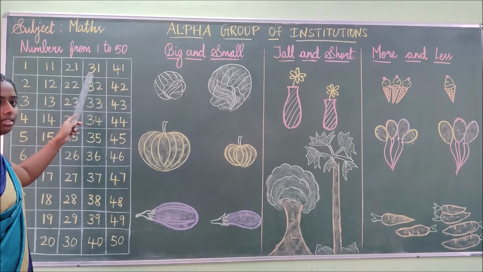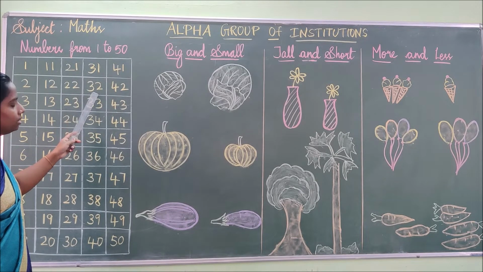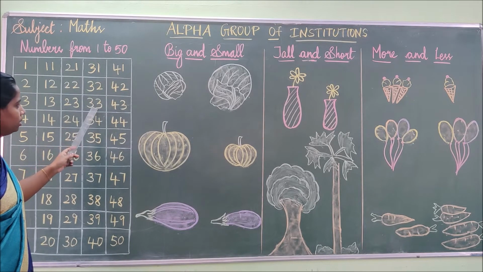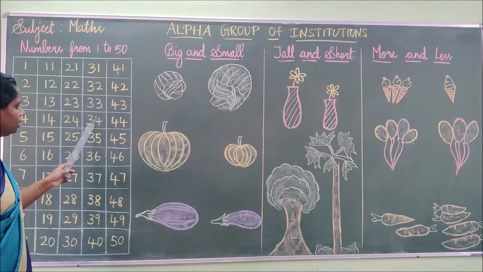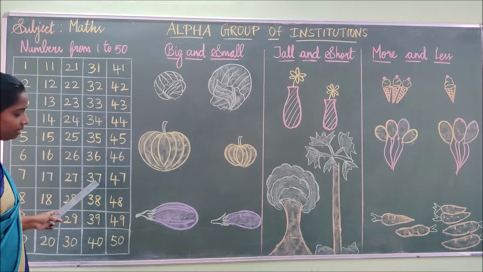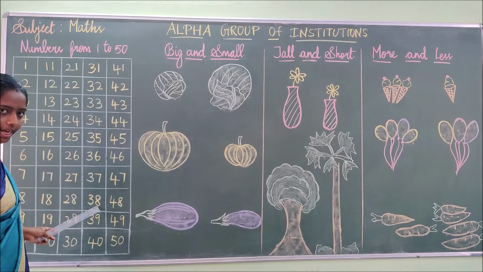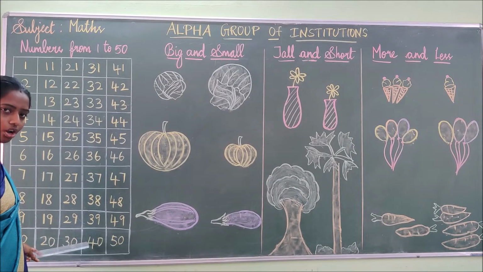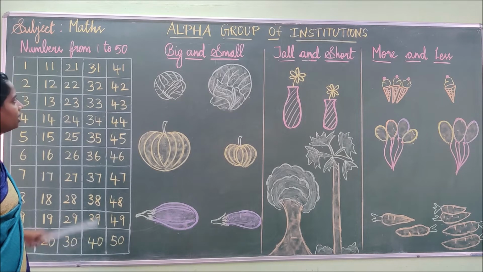And then 31, 32, 33, 34, 35, 36, 37, 38, 39, 40. And what comes next to 40?